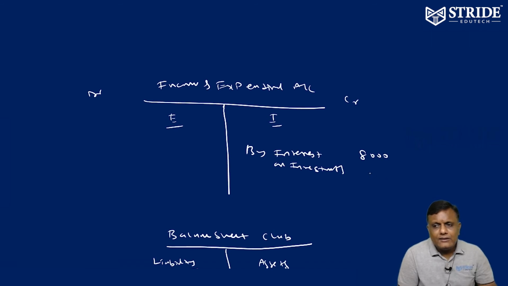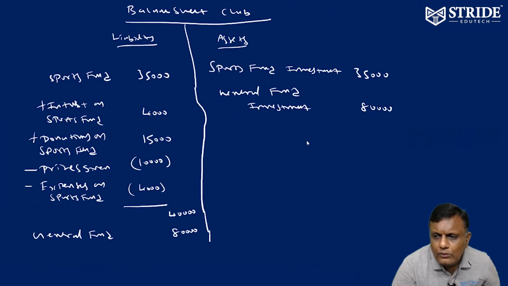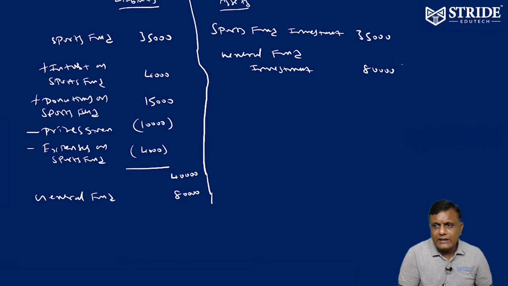So don't tally, just leave it as it is. It is an incomplete format only. Now adjust here. Similarly, 40,000 we have posted, 80,000 we have posted, 35,000 we have posted, 80,000 posted. Just leave it. Don't tally. It is an incomplete format. They are asking you where you are going to post. Okay, I post on the liability side and asset side.